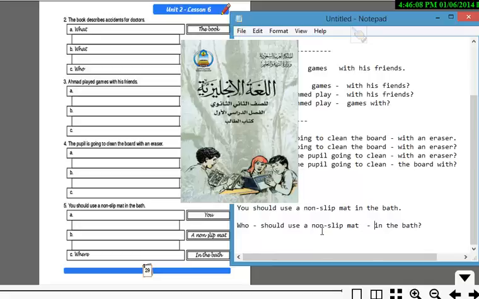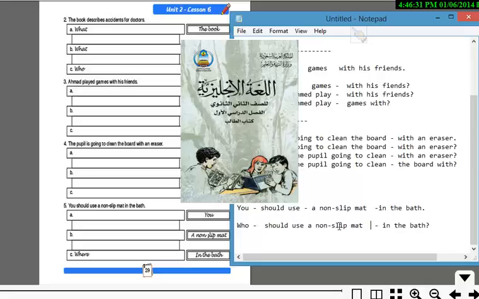Okay, this is the information part. Now this is the subject, you, and should use is the verb, and non-slip mat is the object. Would you like me to separate it here for you in the bath? Alright, so these are the 4 parts, and here is how it's working.